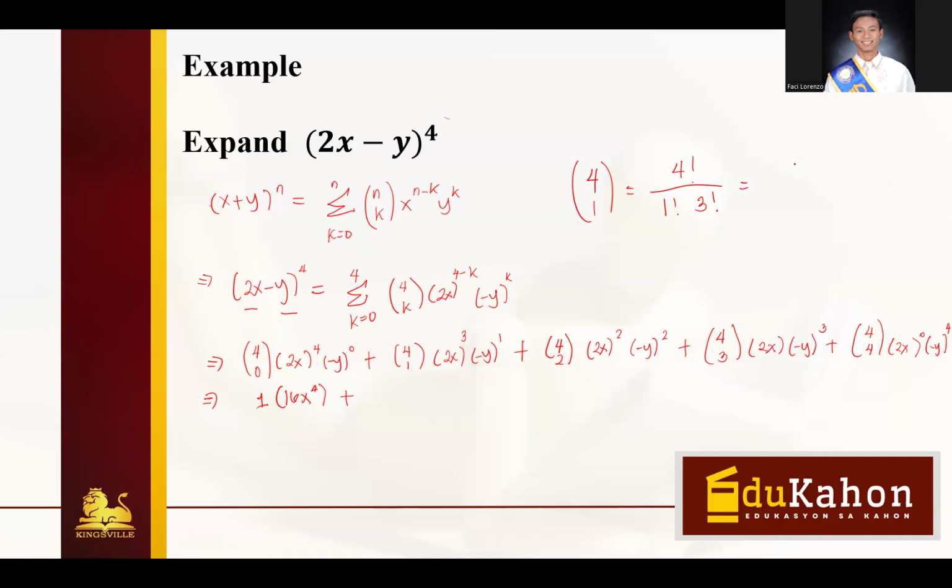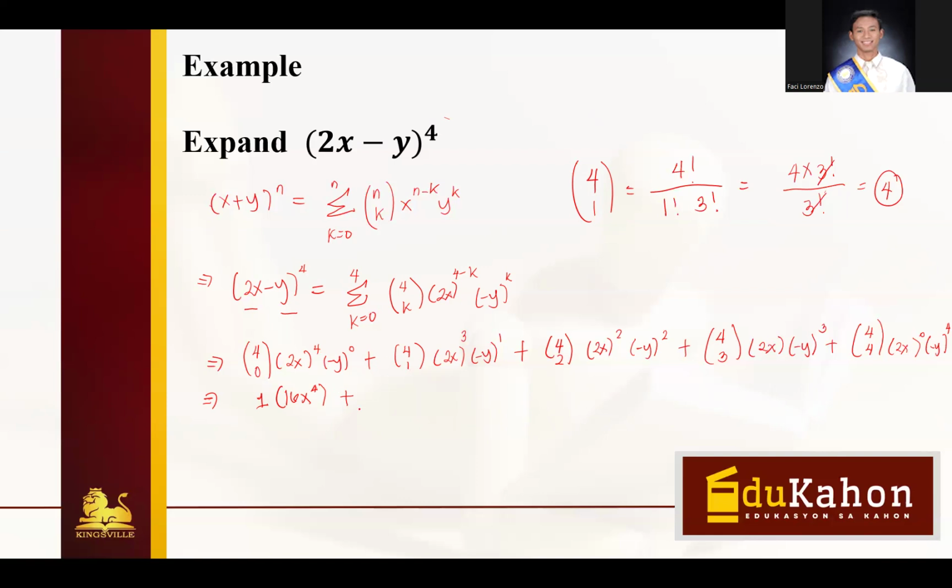Then if we try to expand the factorials for 4 factorial, we have 4 times 3 factorial. And we know that 1 factorial times 3 factorial is just 3 factorial. And 3 factorial divided by 3 factorial, then we have a value for 4. Okay? So this is how you simplify the factorials in terms of combination.